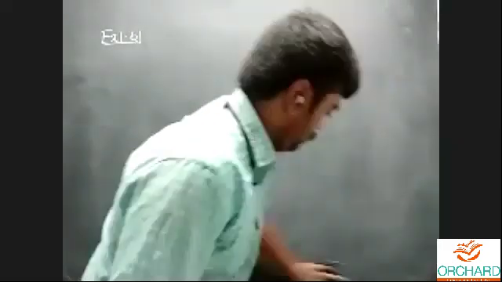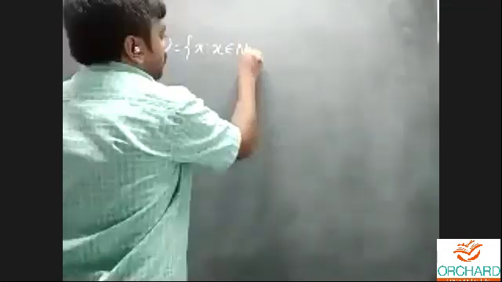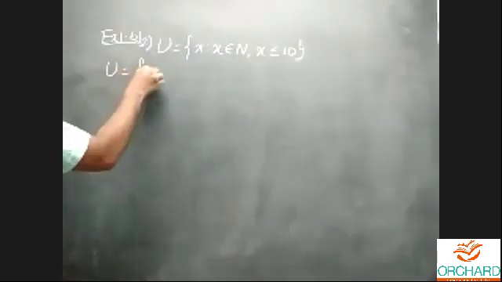Second problem, they define a universal set U: x such that x belongs to natural numbers and x is less than or equal to 10. We'll write the elements of the universal set U: 1, 2, 3, 4, 5, 6, 7, 8, 9, and 10.